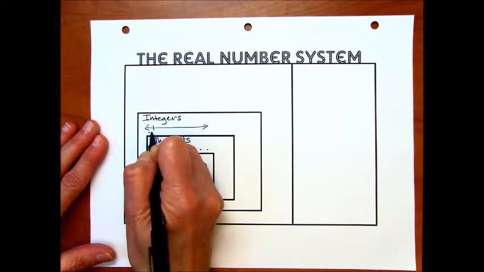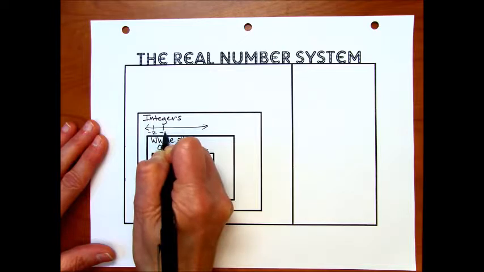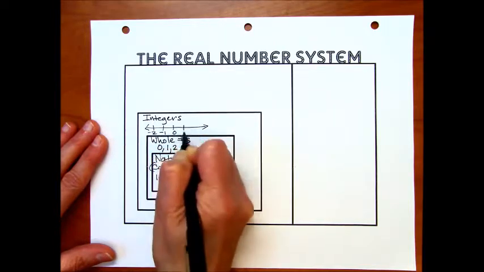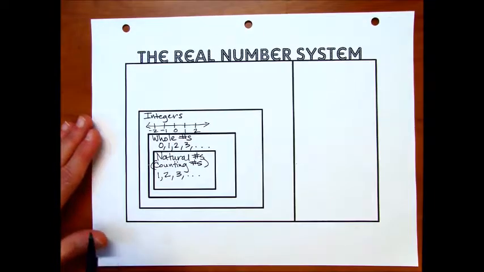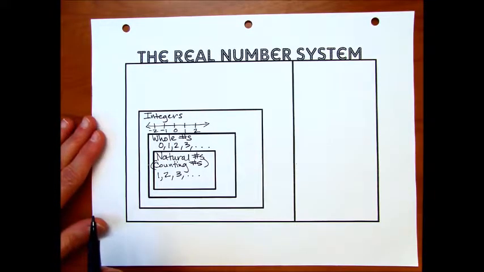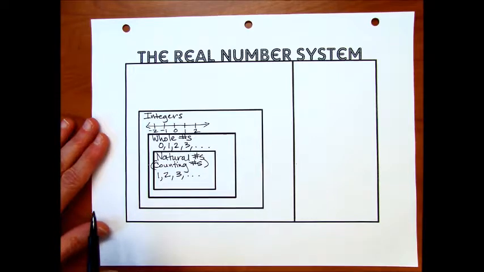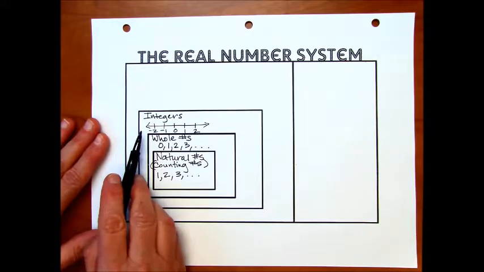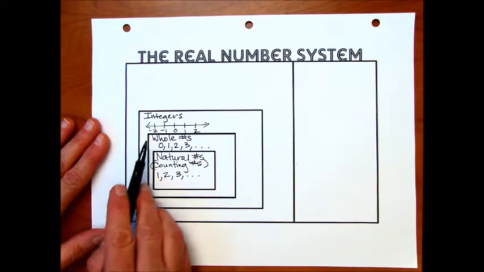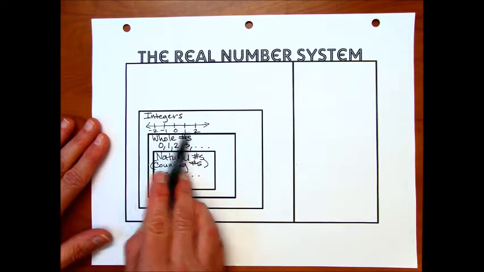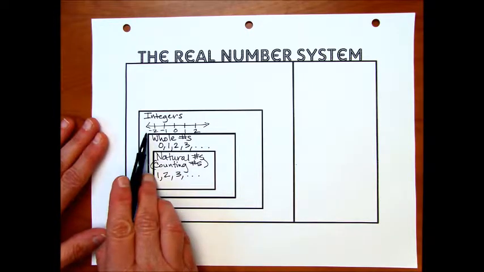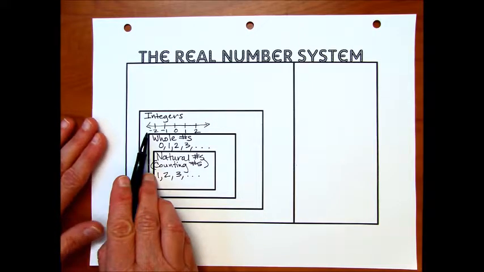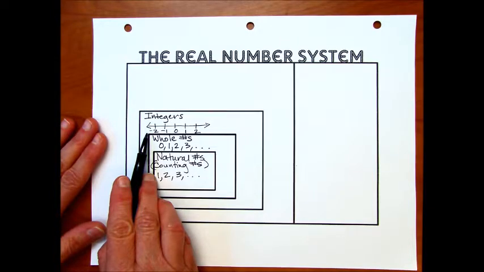We'll start with -2, -1, 0, 1, 2, and so on. Also take note that the integers do not include fractions or decimals. They're just whole numbers, counting numbers, and the negatives of those numbers, but not decimals or fractions.